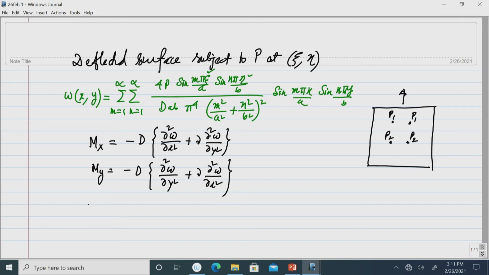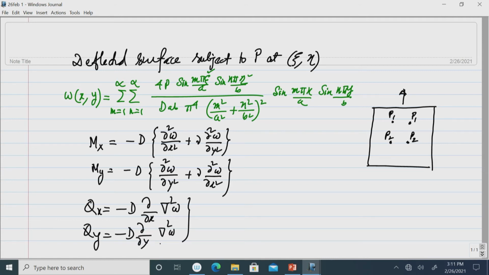Then qx, the shear force qx will be minus d, and qy minus d. Okay. So, all the stress resultants are found out after finding the deflection.